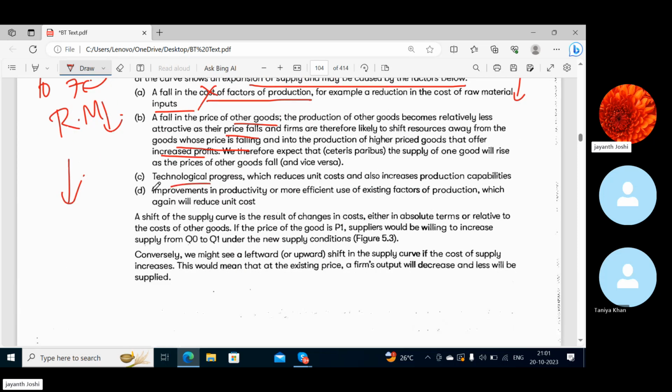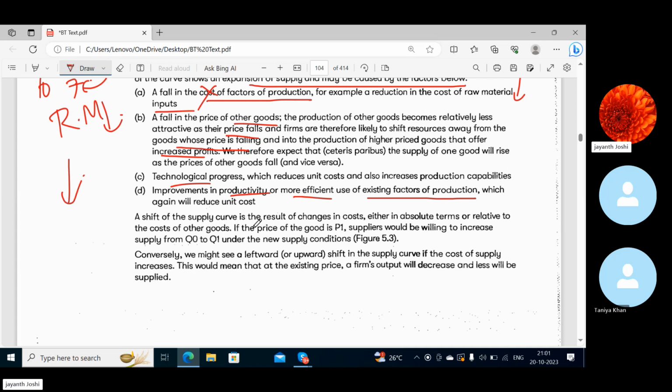Technological progress: with very good technology, they can produce more at less cost, and production capabilities are increasing, which leads to more supply. Improvements in productivity or more efficient use of existing factors of production. That means they are using the factors of production in the best possible manner and trying to reduce cost everywhere, because technology is good, they can get labor at a cheaper price, raw material, less wastage.